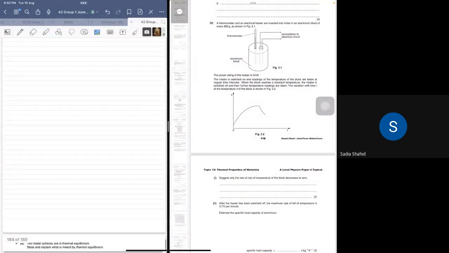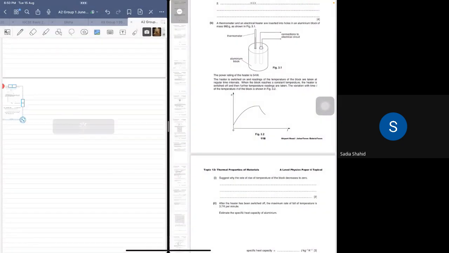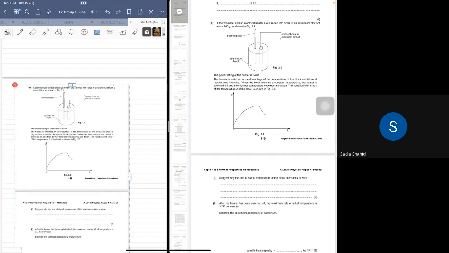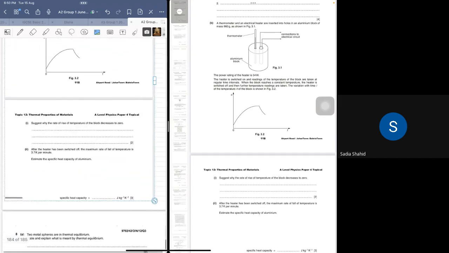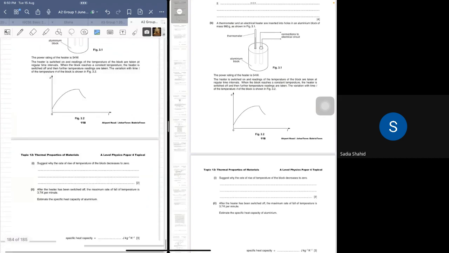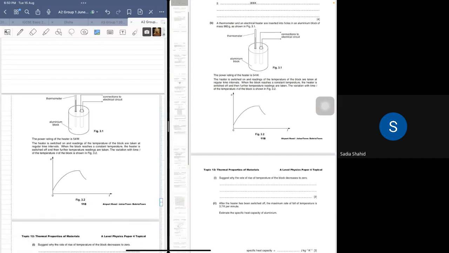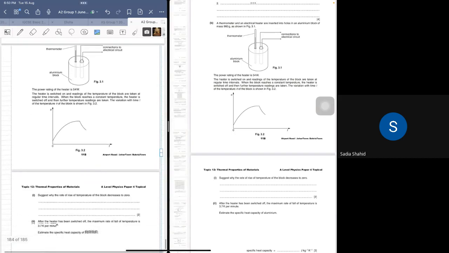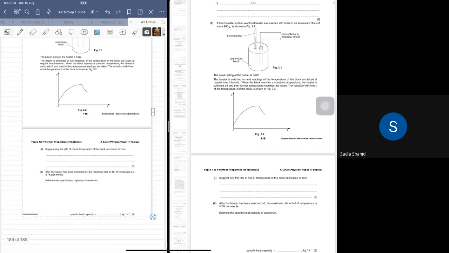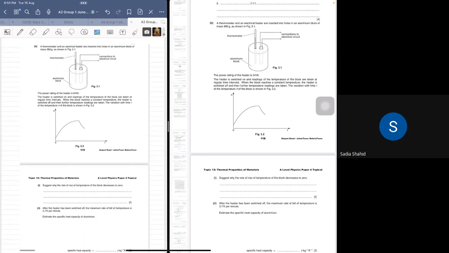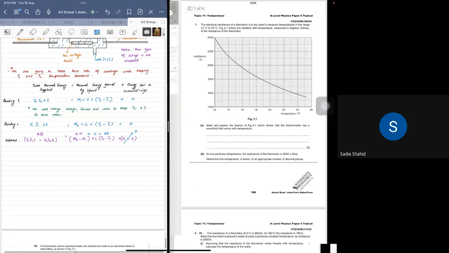Let's put it back, like that. I took a very long screenshot. That's not bad. Make it smaller. Let's put it here. Now, let's have a look.